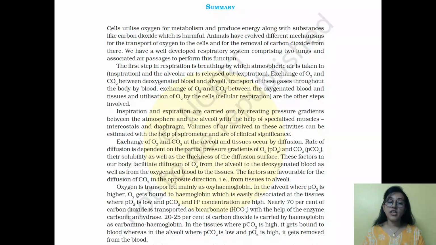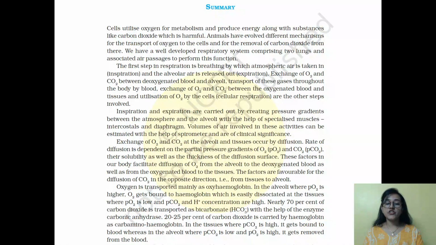Exchange of oxygen and carbon dioxide between deoxygenated blood and alveoli, transport of these gases throughout the body by blood, exchange of oxygen and carbon dioxide between the oxygenated blood and tissues, and lastly utilization of oxygen by the cells, that is cellular respiration, are the other steps involved in respiration.